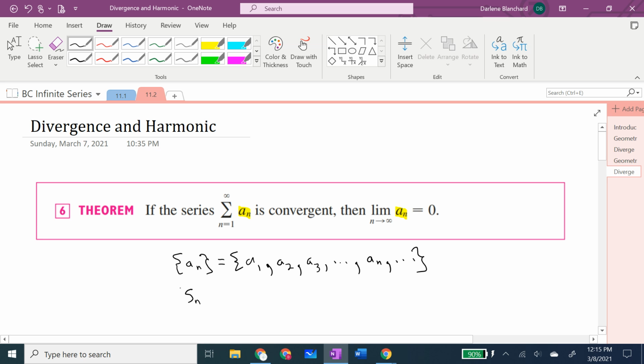But the sum that is the nth partial sum is first just A1, but then it's A1 plus A2. And then it's A1 plus A2 plus A3. So I want to make sure that you're very, very clear just how different these two are.